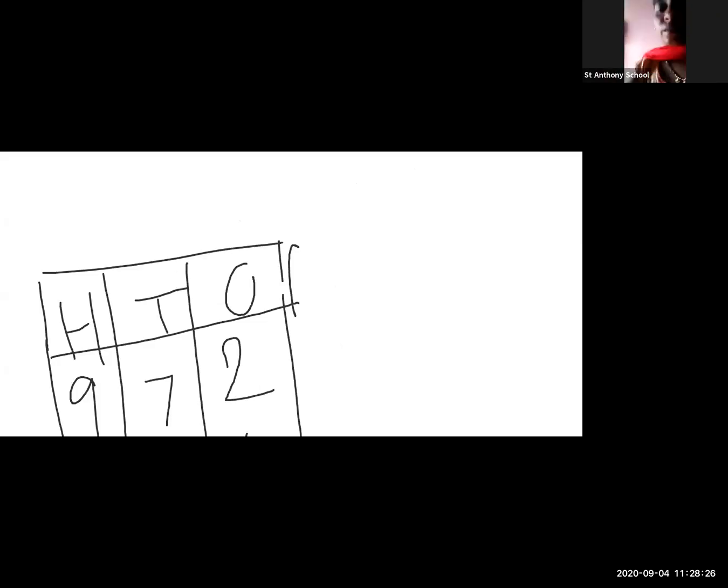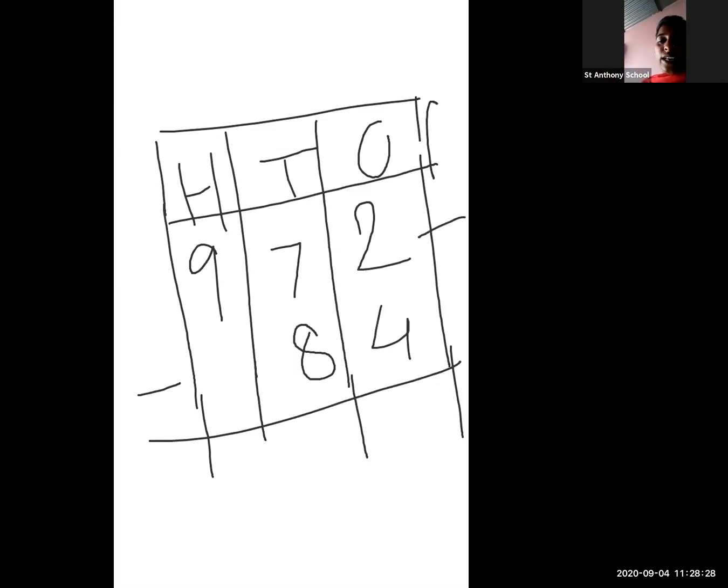Go to the right side. 2 minus 4 is not possible. That's why you write 2 directly as it is in the ones column. From 7, you want to carry over here.